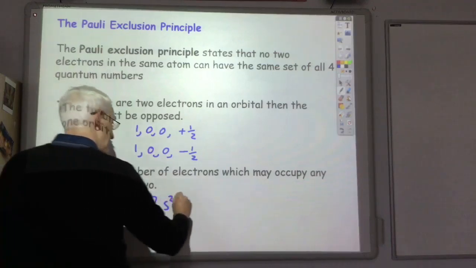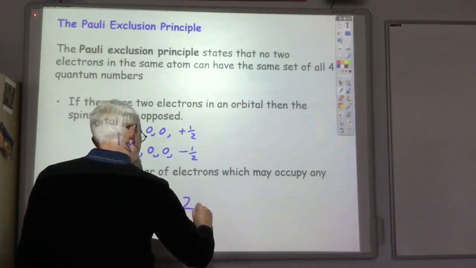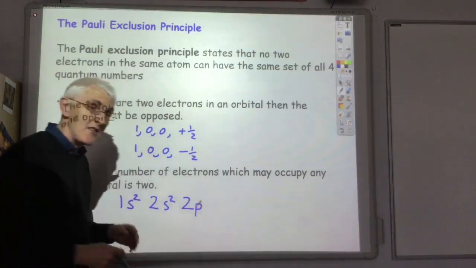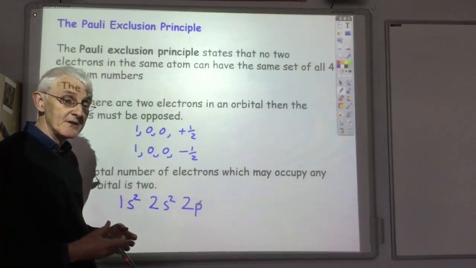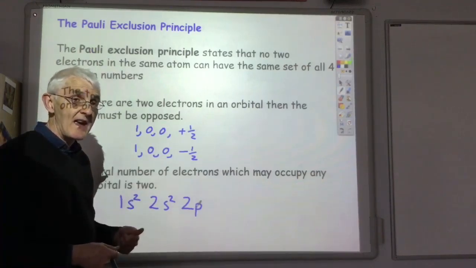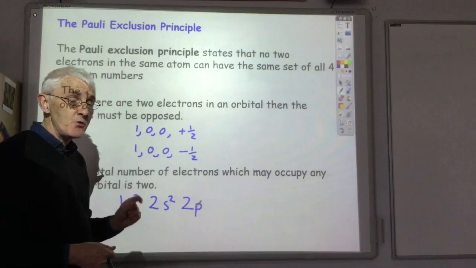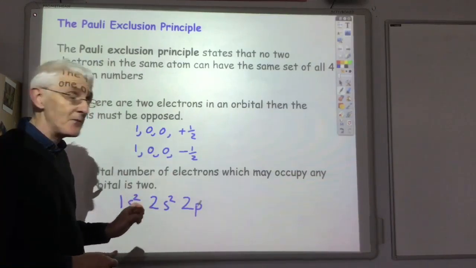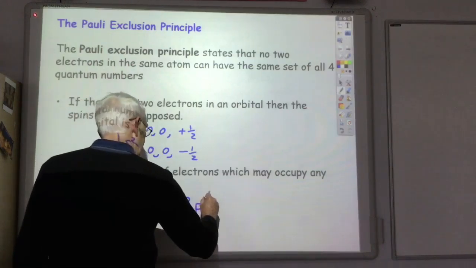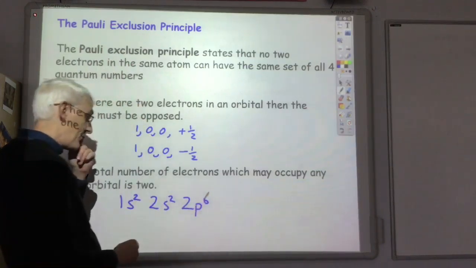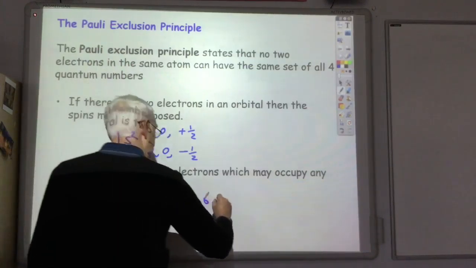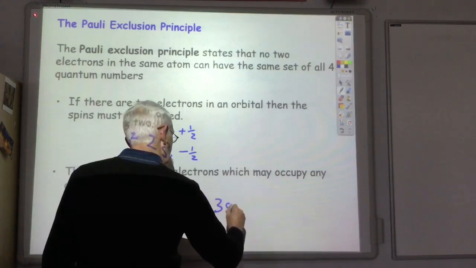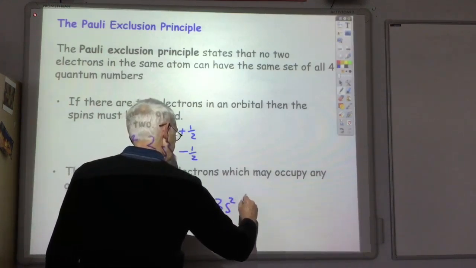After that, the electrons go into the 2p orbital. Now remember, there's 3 p orbitals. There's the px, the py, the pz. Each one can take 2 electrons, so the 2p can take up to 6 electrons. Once that's full, the electrons go into the 3s orbital, which can take 2 electrons.